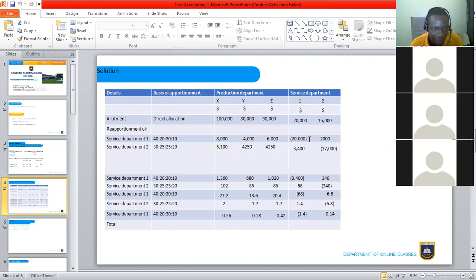Now from the question, we are supposed to calculate 10% of $20,000. That's for service department 2. Let me go back to the question again.